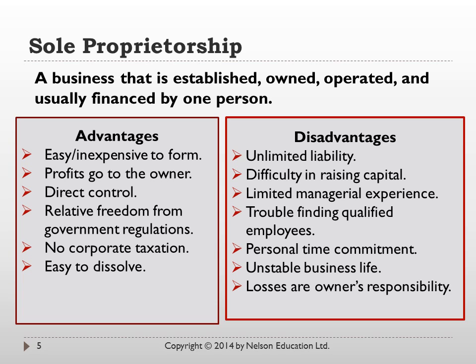So there is no separation from a taxation point of view between the business and the individual, which can be an advantage. Sometimes this allows for some extra tax write-offs, home use of expenses, some business travel and that sort of thing. So there can be some small tax advantages by having the income taxed at the personal rates.